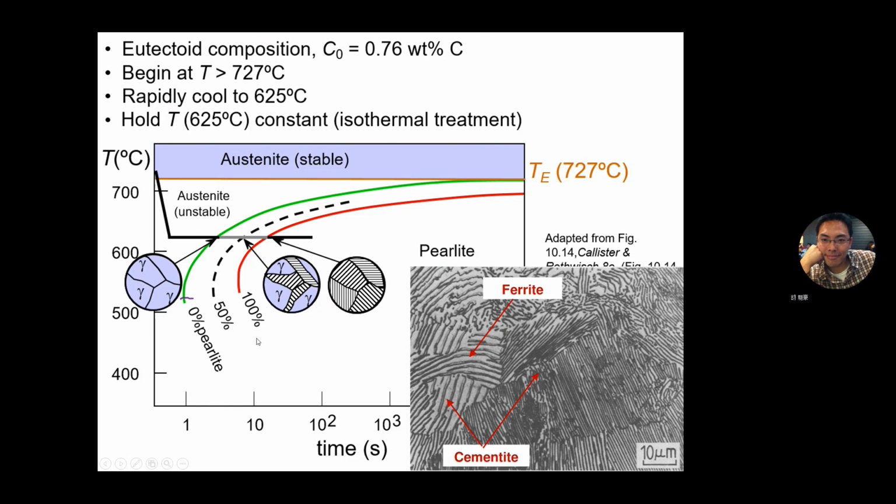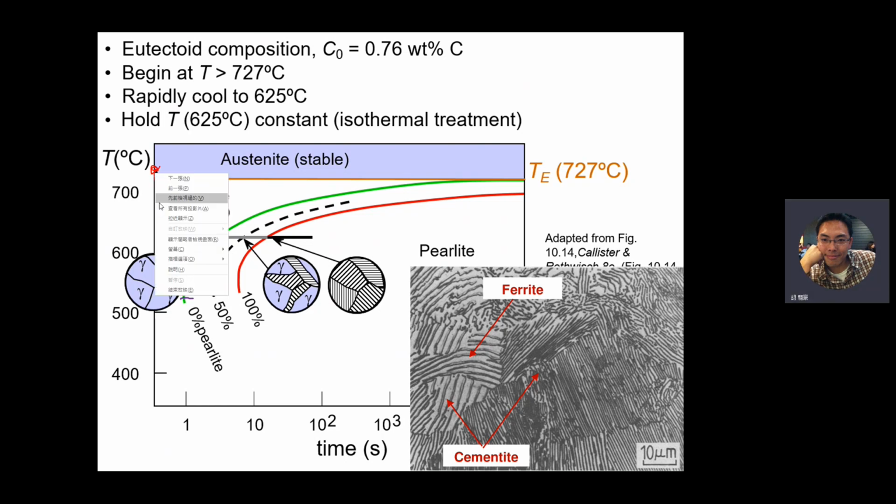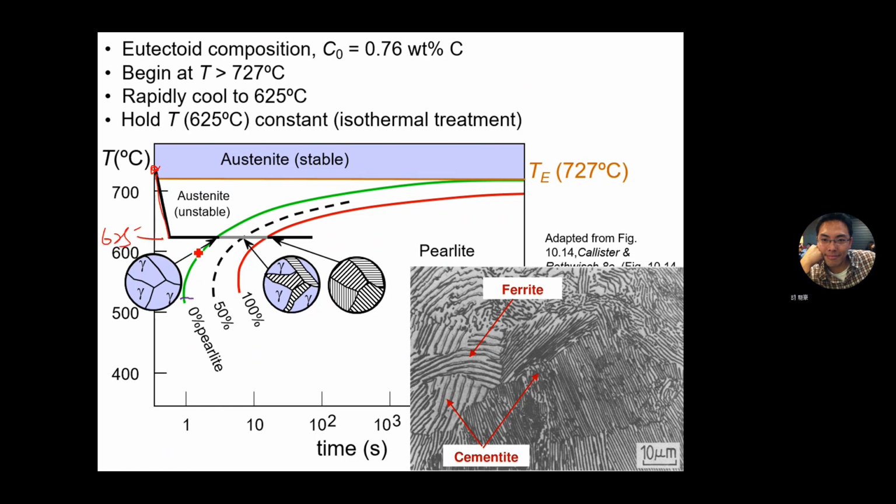Isothermal treatment. Okay, so initially our temperature is above 727 and rapidly cool to 625, right? Let's cool it down to 625. It's right here, 625. And let's hold this temperature. Okay.